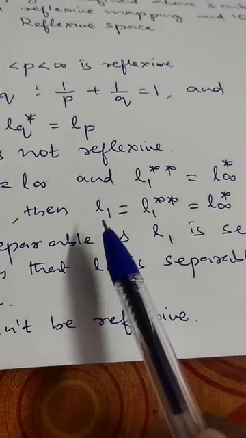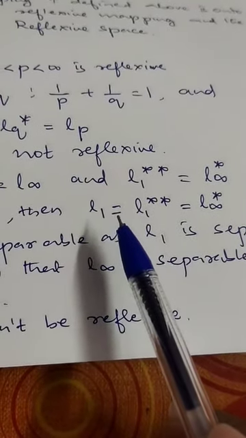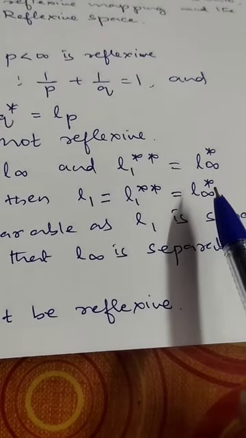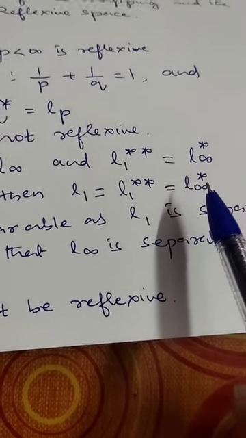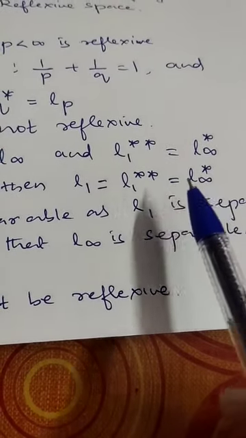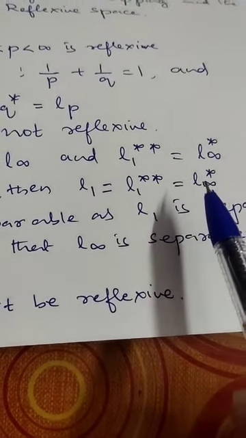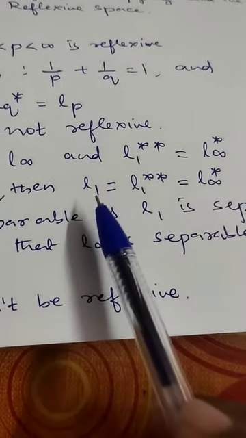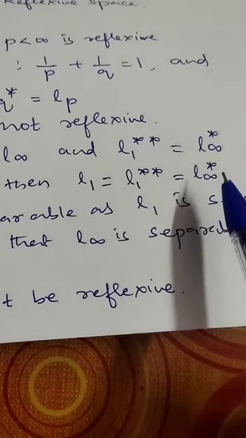Now you know that L1 is separable. L1 is separable means L infinity star becomes separable. If the dual space of a normed linear space is separable, then the linear space is also separable. We have proved that theorem. According to that theorem, L infinity becomes separable if L1 is equal to L infinity star.